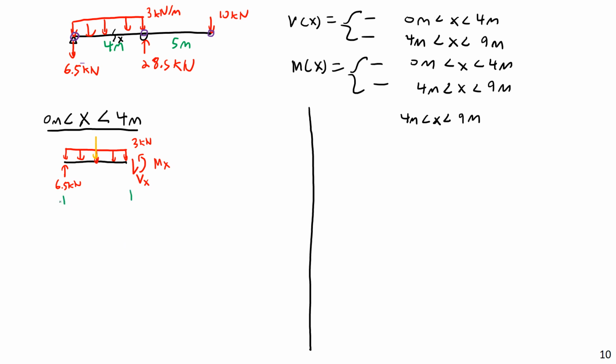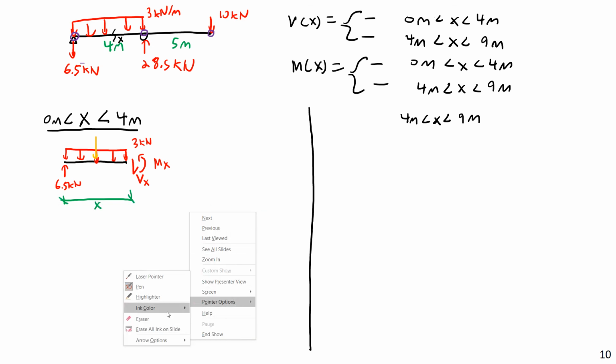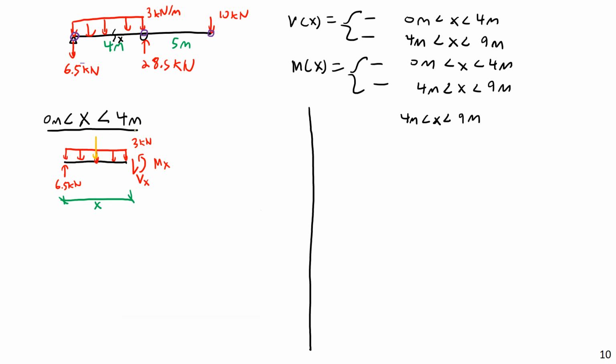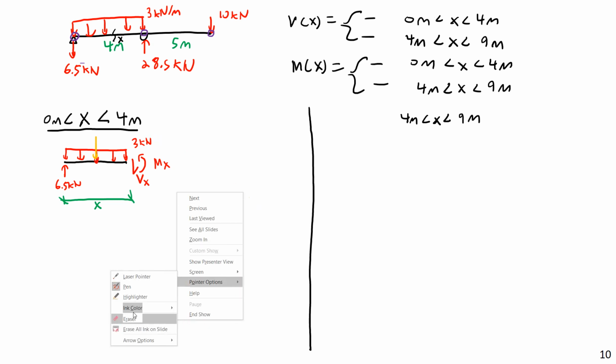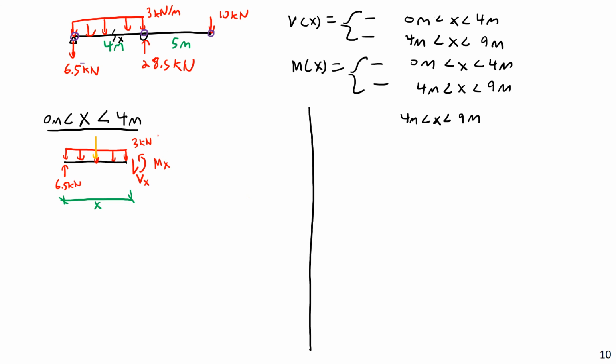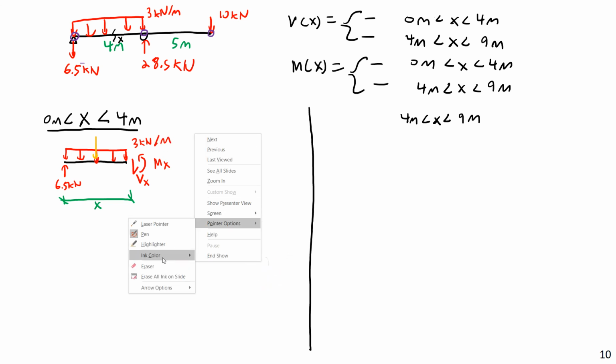This portion of the beam will have a length of x, and the equivalent point load will have a magnitude of 3 times x, 3 kilonewtons per meter. And actually, I probably should write not just 3 kilonewtons, but 3 kilonewtons per meter there, if I want to do this nice and consistent, nice and proper.